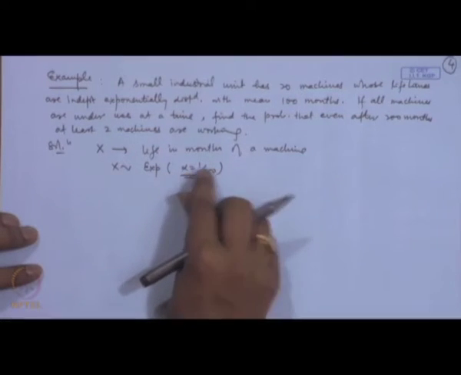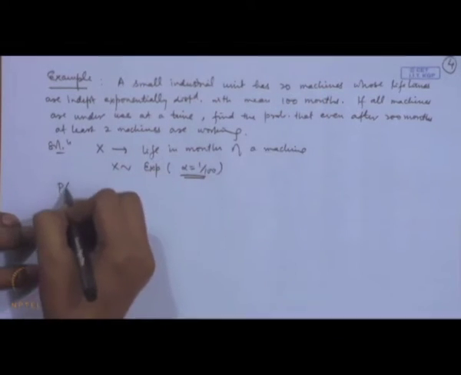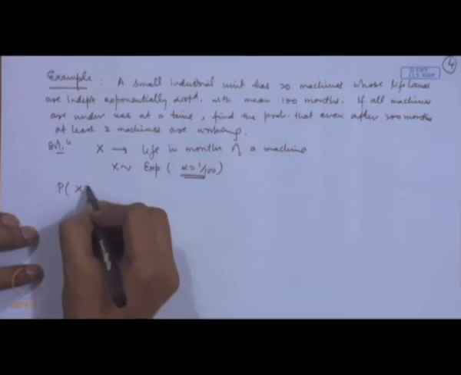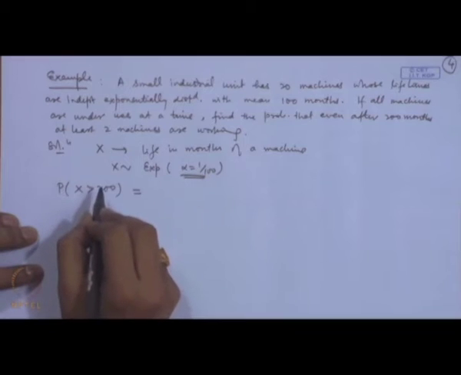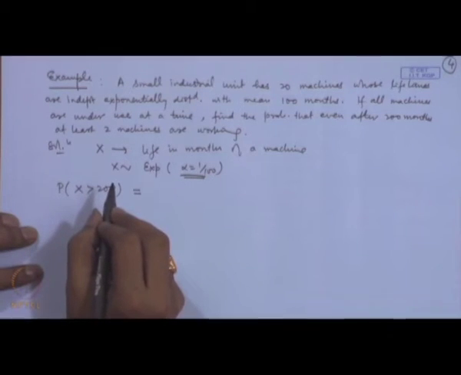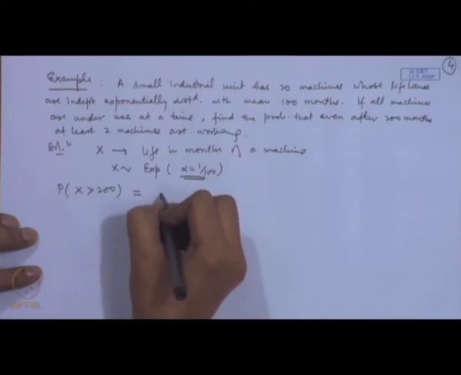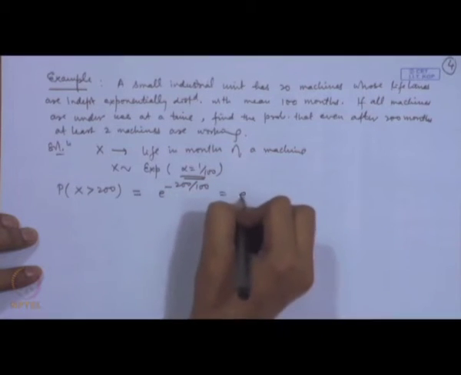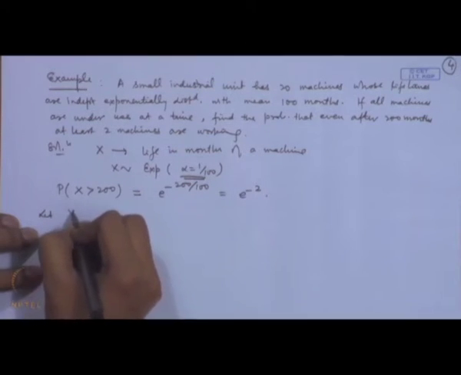So, what is the probability that a machine is working after 200 months? It is probability X greater than 200. In the exponential distribution we have seen it is equal to e to the power minus alpha y, so it is equal to e to the power minus 200 by 100, that is equal to e to the power minus 2.